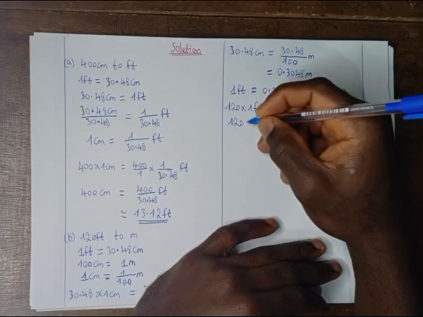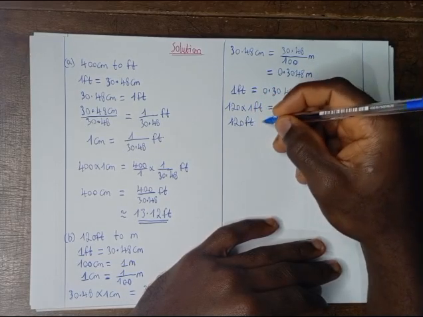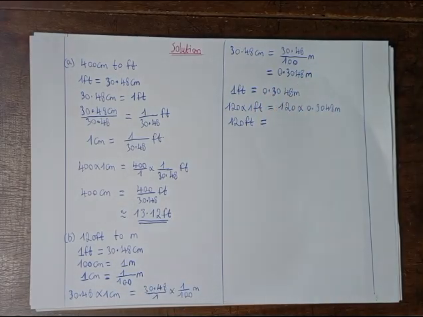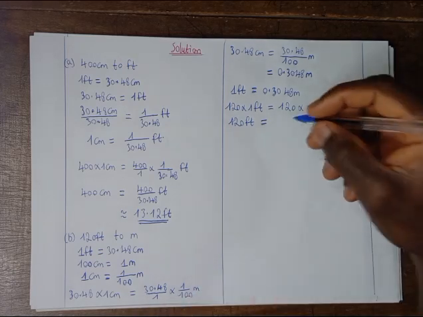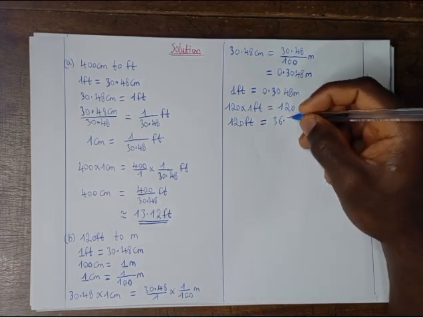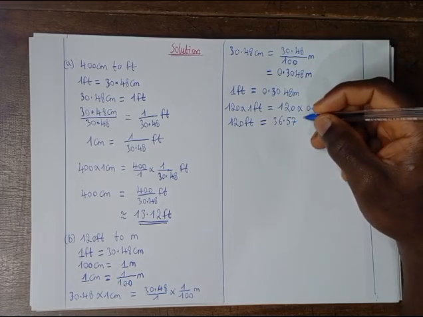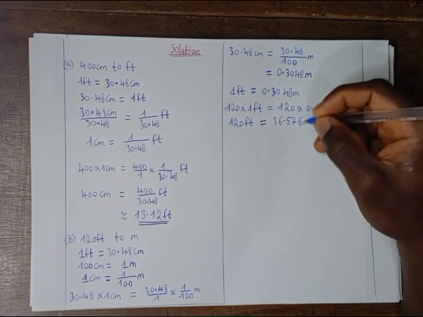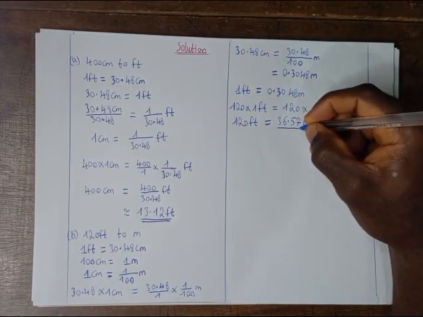This will give us 120 foot to be equal to, let's perform the multiplication, 120 times 0.3048, which is equal to 36.576 meters. We underline the result.